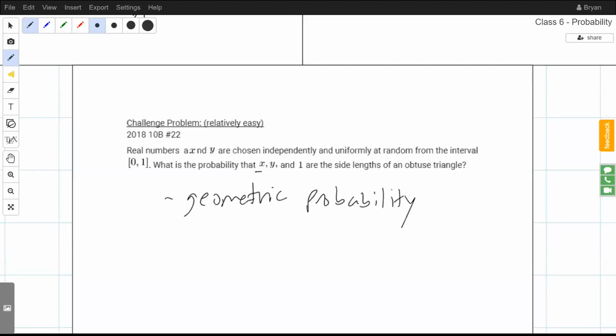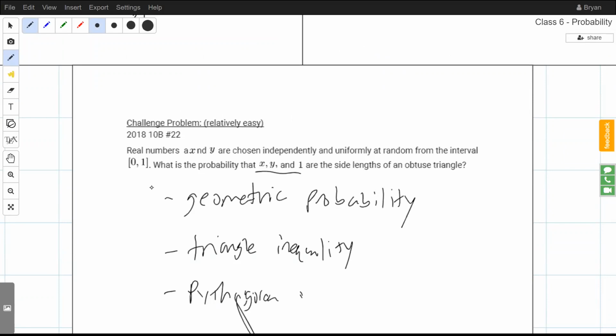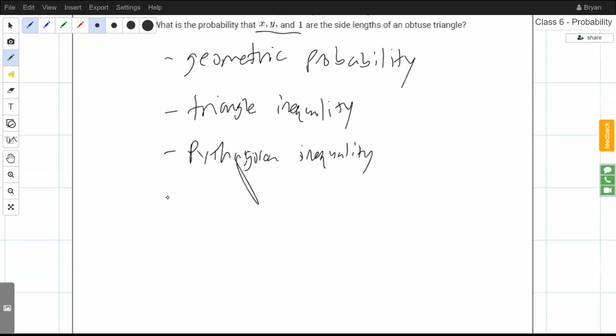We also have some restrictions. You have the triangle inequality, we have the Pythagorean inequality, and we also know that 1 is the longest side length.